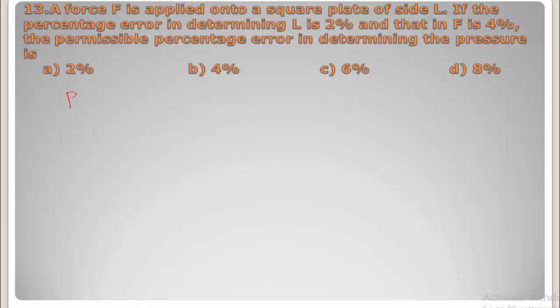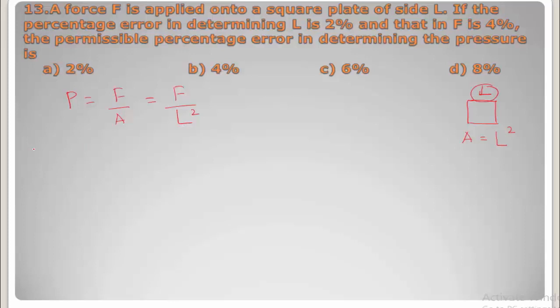The pressure is given by P equals F divided by A. Pressure is nothing but force divided by area. What is the area of a square of side L? Area becomes square of this side, so area is L square. So pressure is nothing but force divided by L square.